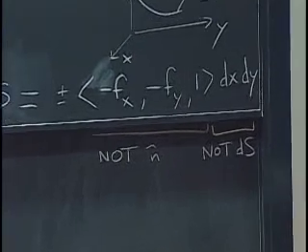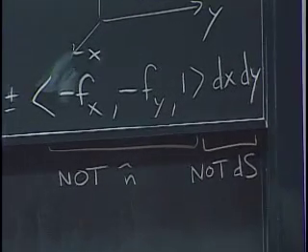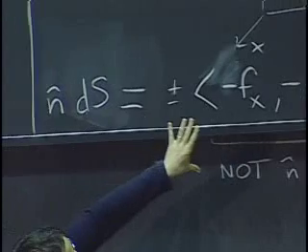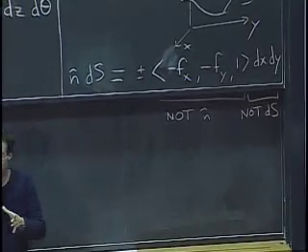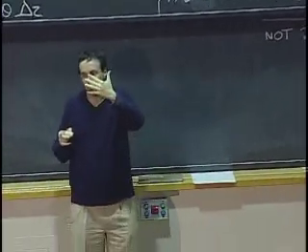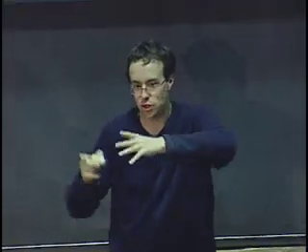Concretely, this tells you how to reduce things to an integral over x and y. And of course, you will have to figure out the bounds on x and y. That means you'll need to know what the shadow of your surface looks like in the xy plane.